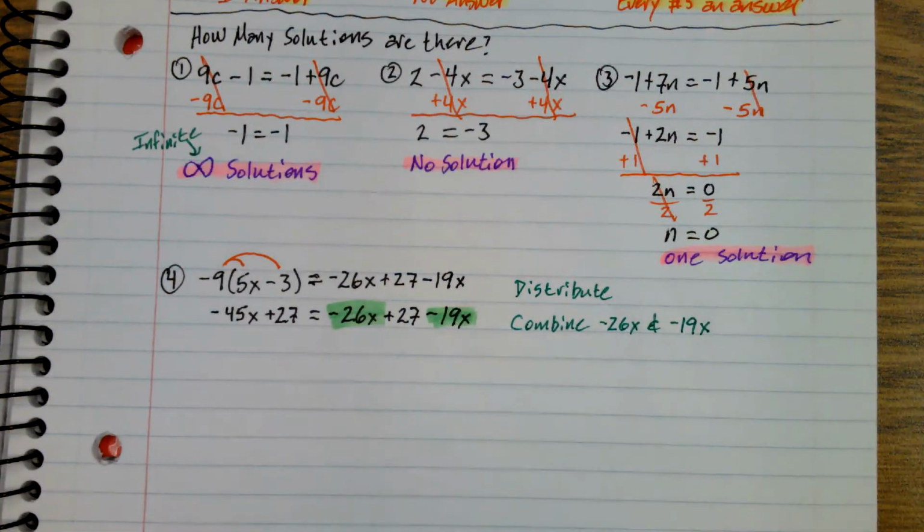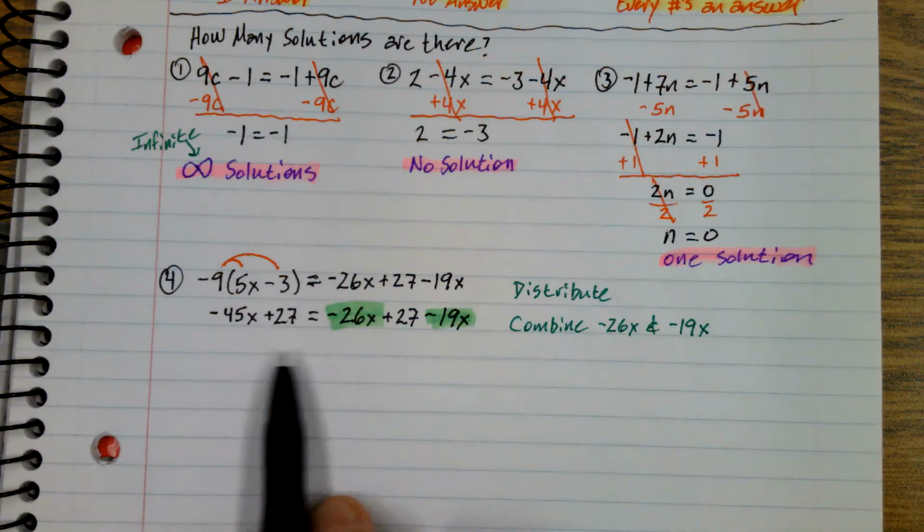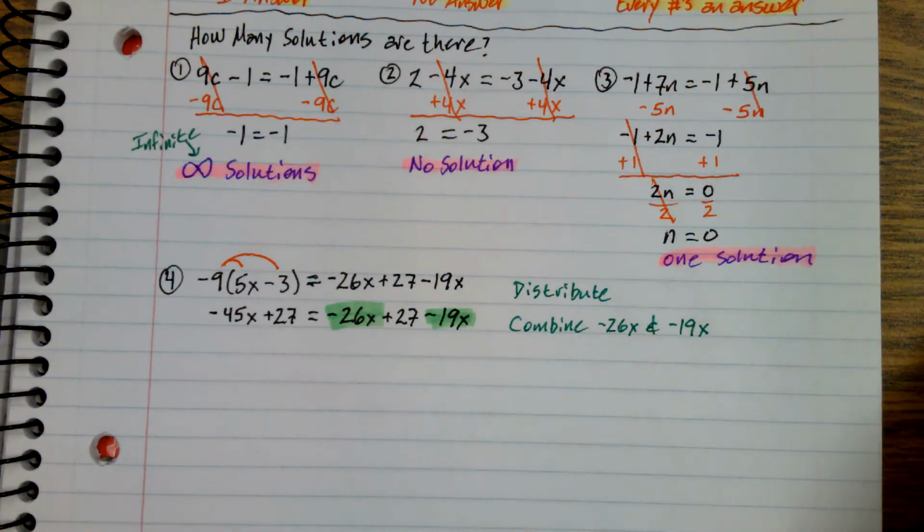So what do I get once I combine those? Tell me in the chat what my new equation looks like. What happens next? In the chat, tell me what my equation will be after I combined -26x and -19x.